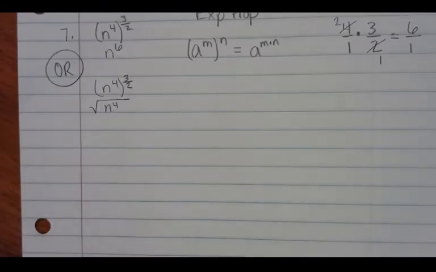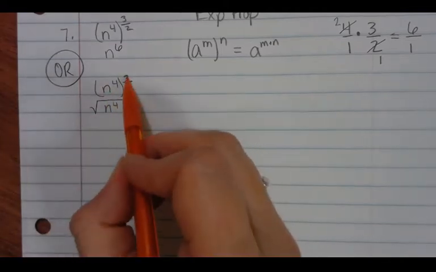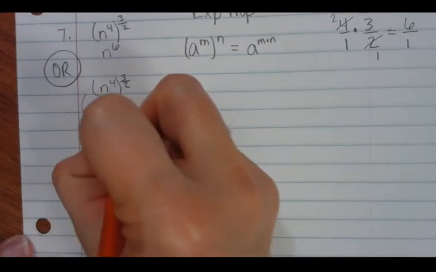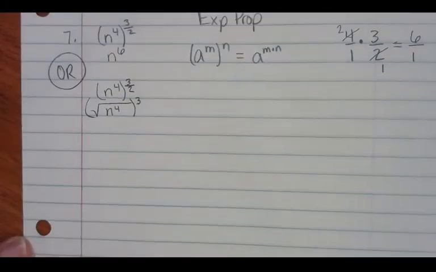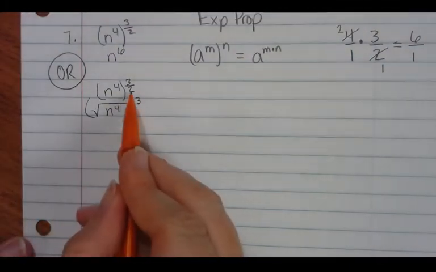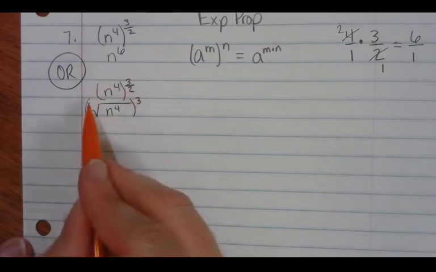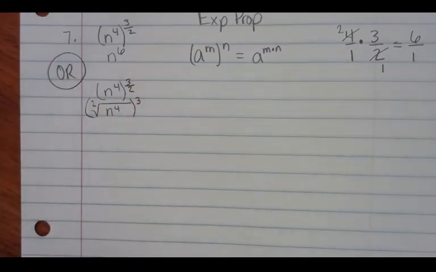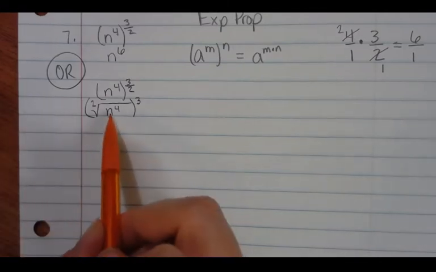So the 3/2, if it's up high, it stays up high. So the 3 is going to be our exponent. And that 2 is going to flip around and become our index number. And of course, as we've already mentioned, a 2 is not required to show as an index number.